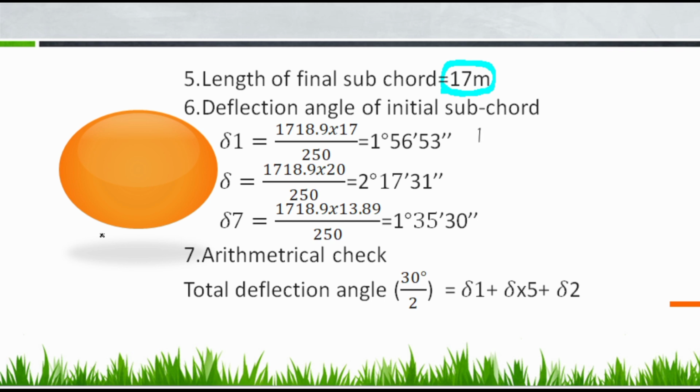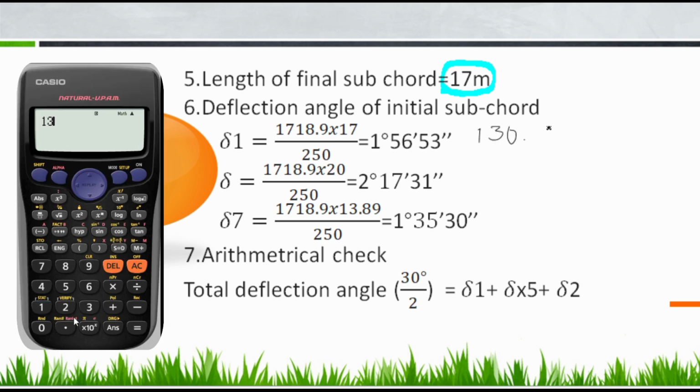So by the use of your calculator, that is 130.89 minus 17.